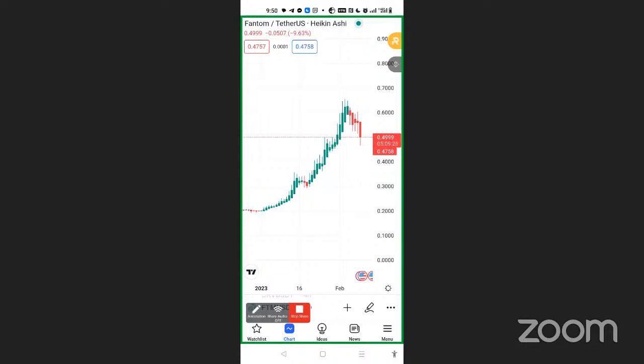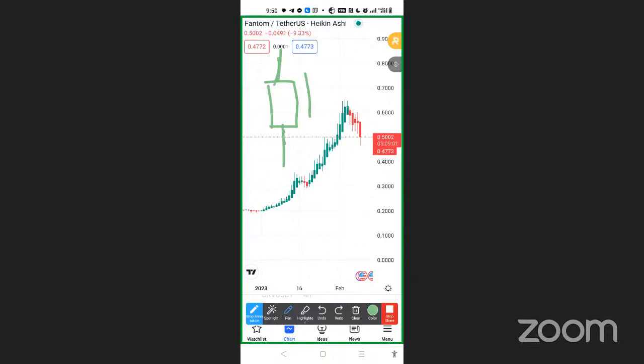Now, for the Heikin Ashi candles to confirm to you an uptrend, to confirm to you that this could be a good uptrend, they will form a green candle that has a wick at the bottom and a wick at the top, and then after form a green candle that is flat at the bottom with a wick at the top.